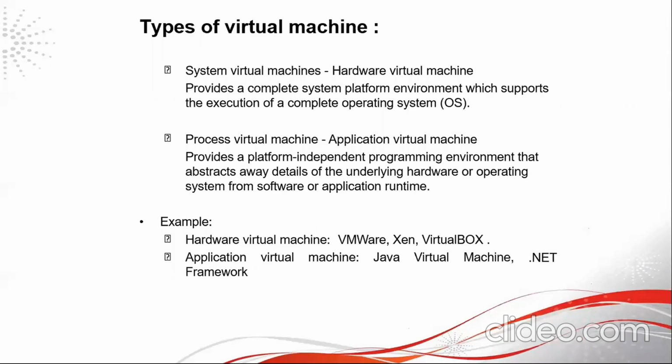Then types of virtual machine. There are 2 types of virtual machine: the system virtual machine, and the second one is the process virtual machine. The system virtual machine is a hardware virtual machine which provides a complete system platform environment which supports the execution of a complete operating system.